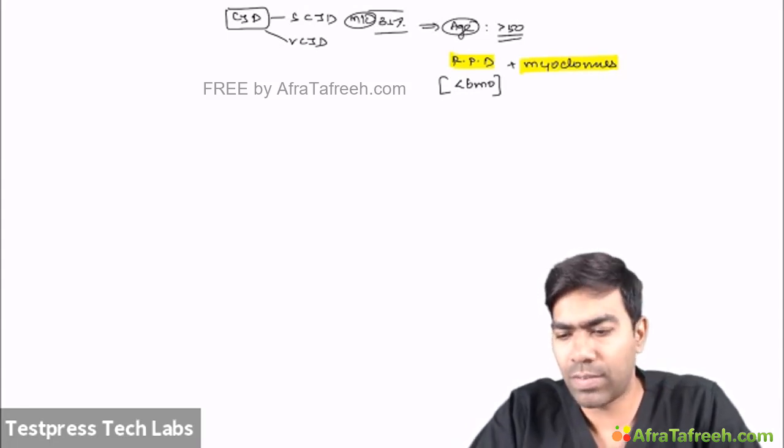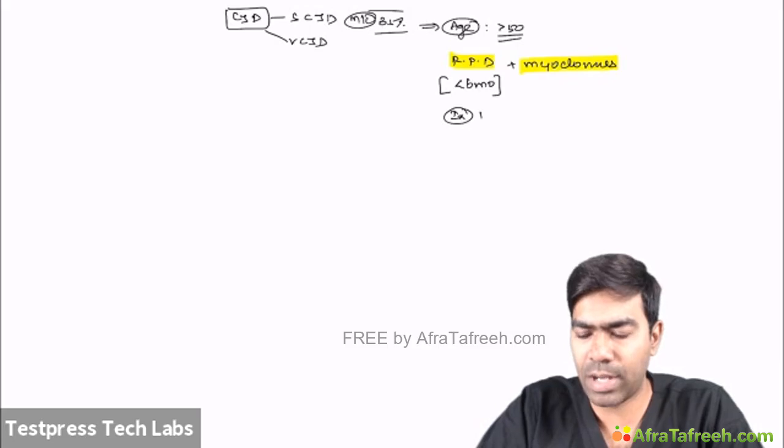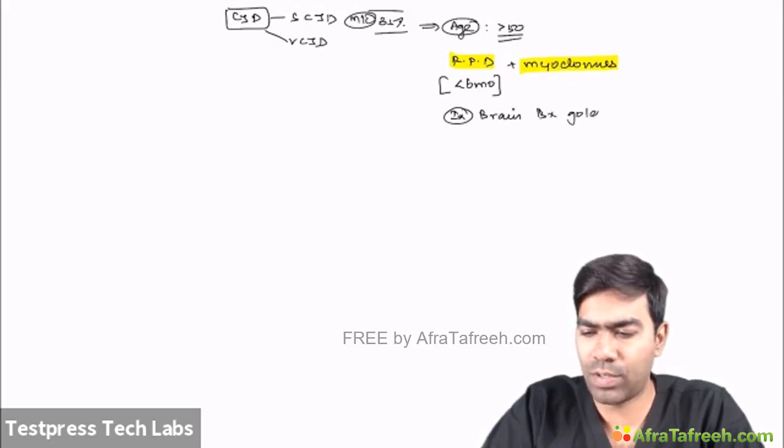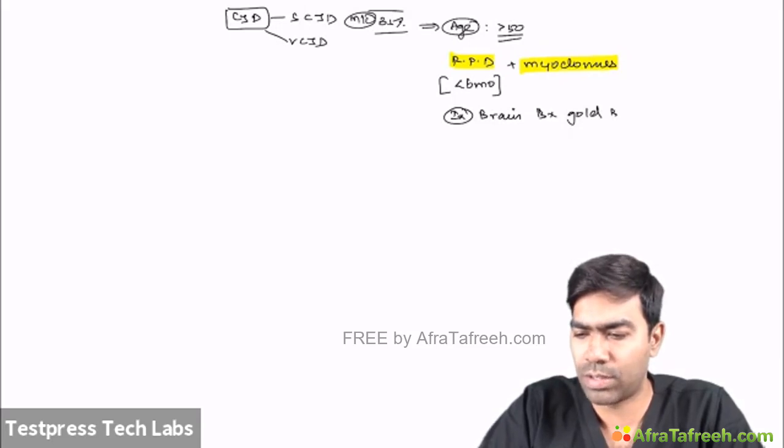And of course, investigation-wise, the best investigation is brain biopsy. That's the gold standard to find these prion bodies. But we don't do that investigation anyway. Instead, we try to diagnose based on MRI. In MRI, you see classical signs.